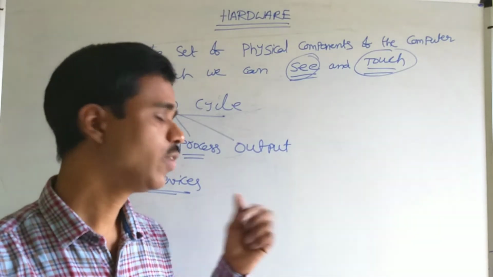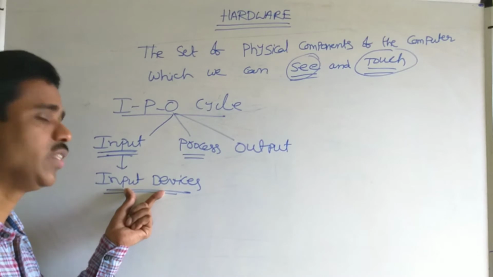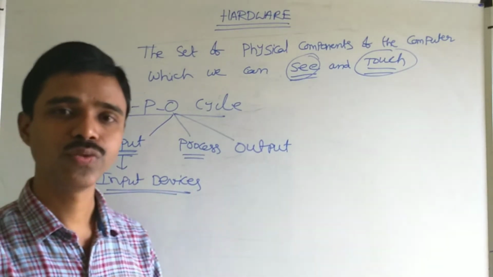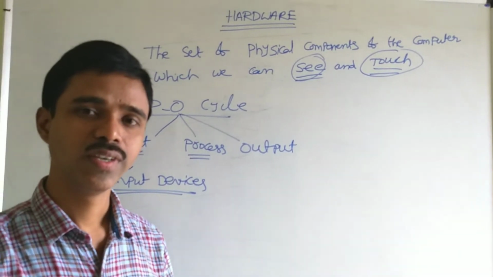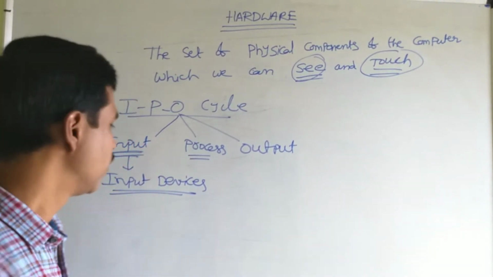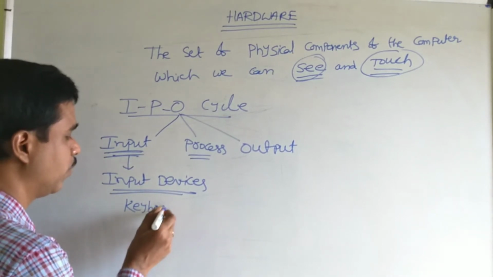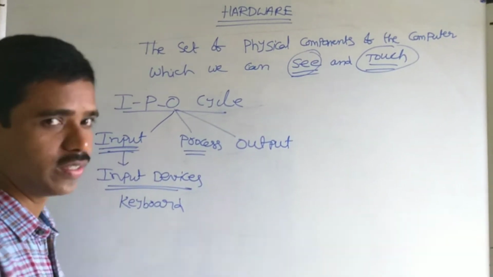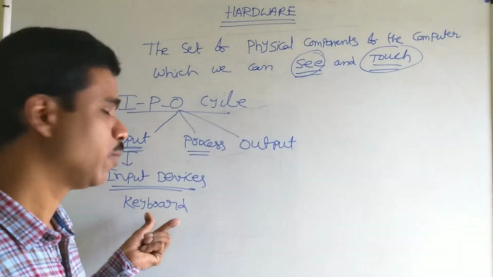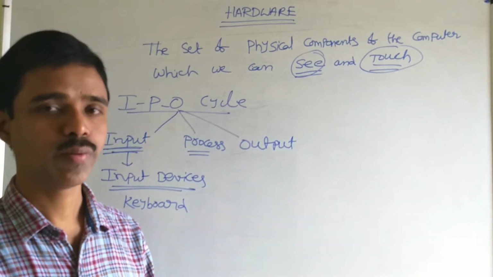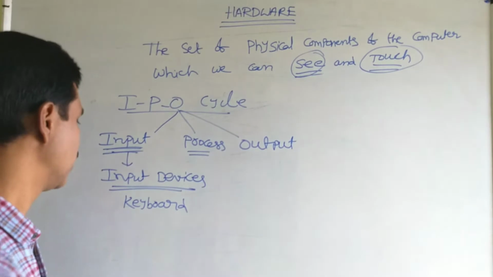That's why I am speaking about them. Right now I am going to write the list of device names only. I will make a separate video to explain in depth about input devices, output devices and memory units and all. So I will just write the names.